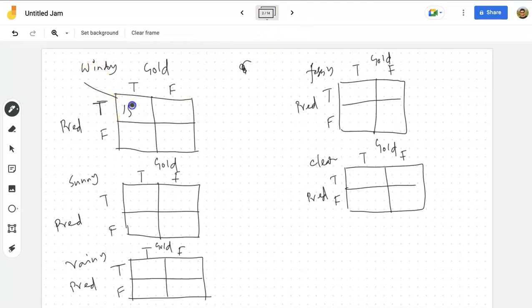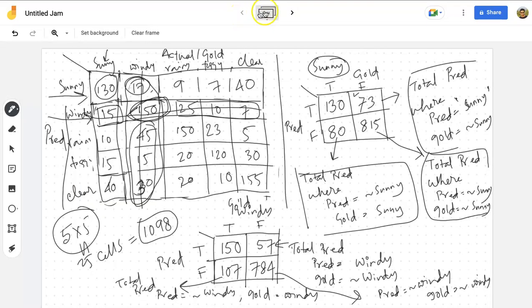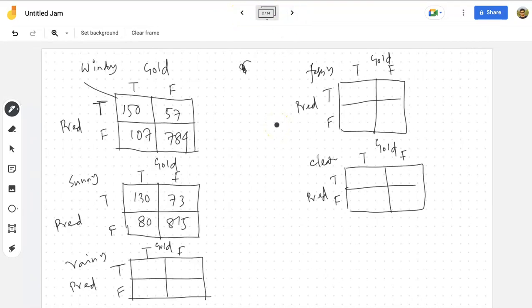So for windy it will be 150, 57, 107, 784. For sunny it is 130, 73, 80, 185. For the rest of the entries we already calculated. I hope you can calculate them by yourself, but in the interest of time I'm not calculating them.